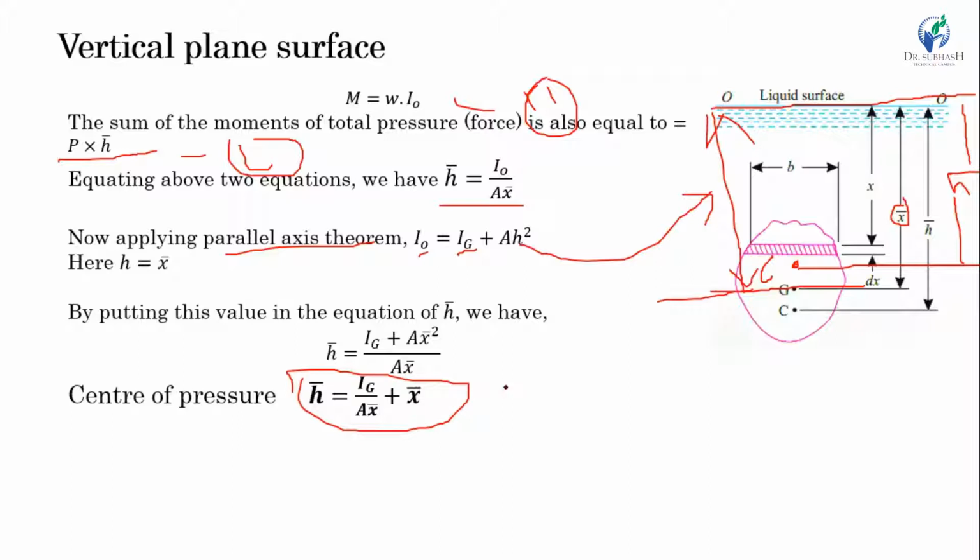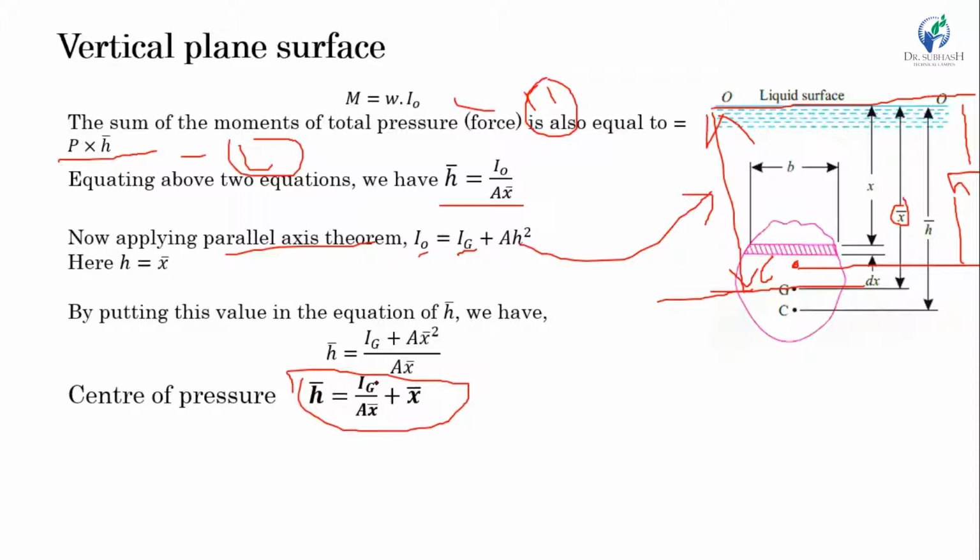So now the question is which possibility is true. Either C may be above the CG or C may be below the CG. C is the center of application of force, or center of pressure. So according to this equation, let's consider which will be true.